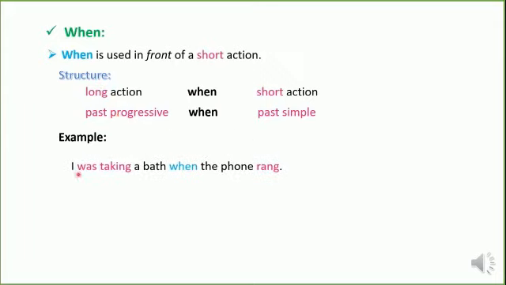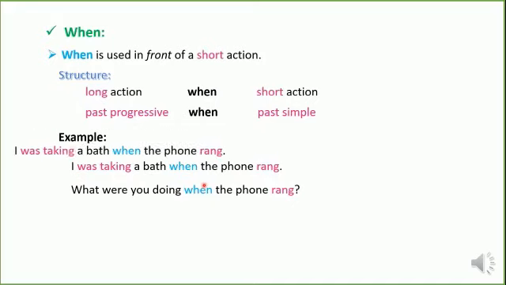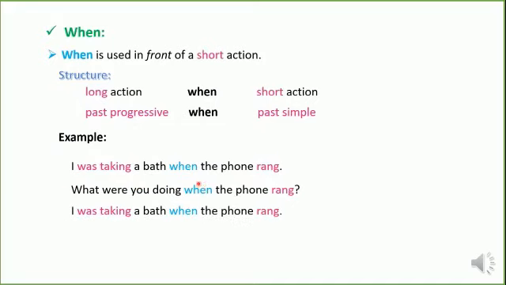Let us take this example: I was taking a bath when the phone rang. What were you doing when the phone rang? When the phone rang, I was taking a bath. The verb was taking should be in the past progressive because it happened first. It is the longer action. It was interrupted by the phone rang, so rang should be in the past simple form.